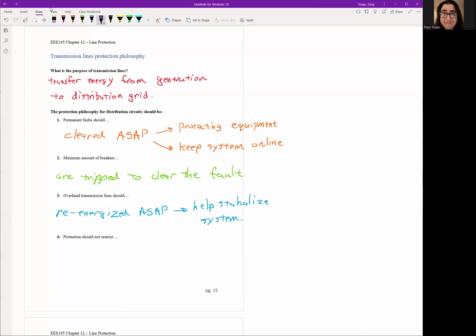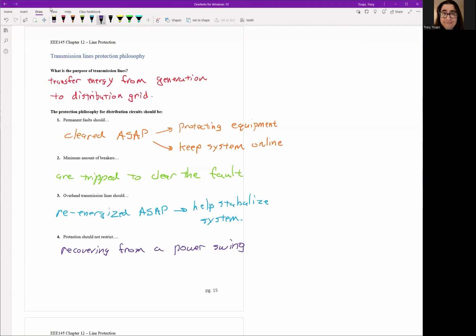Okay. Now, protection should not restrict recovering from a power swing. If you have heard of a power swing in the power system, it is when you have a big amount of energy from one side of the power system going to another, and that's a swinging effect.